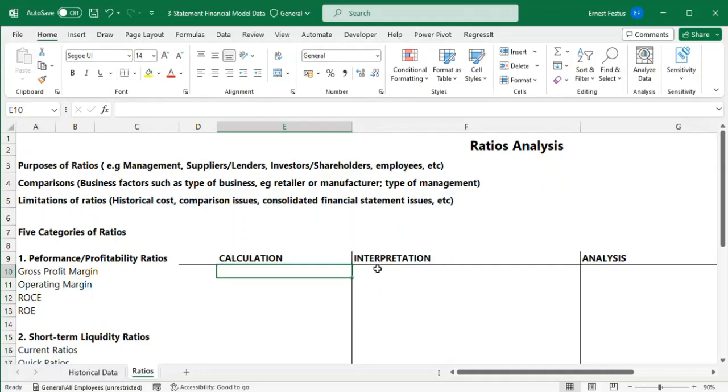In this video, we are going to learn how to calculate, interpret, and then analyze financial ratios.